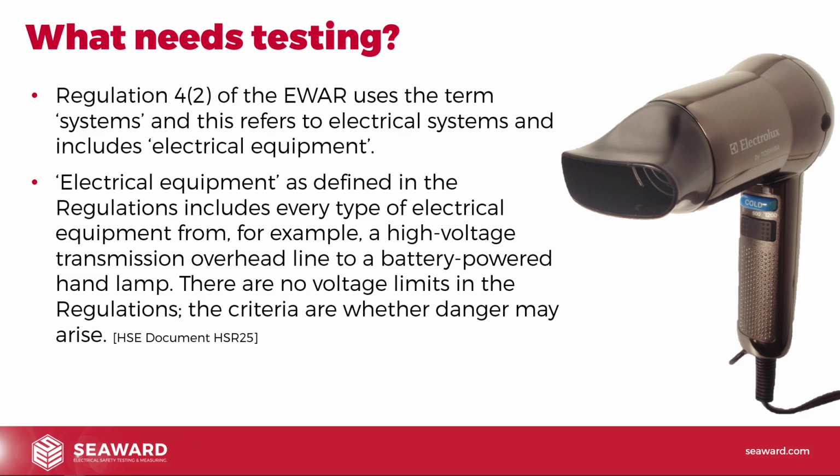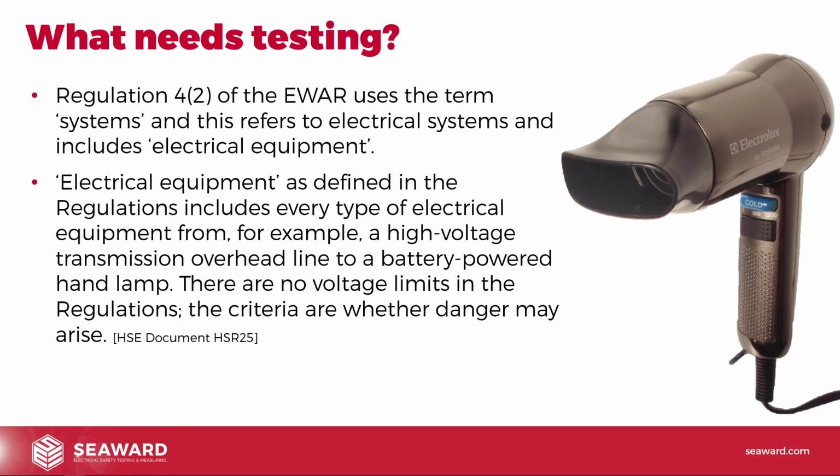There are no voltage limits in the regulations. The criteria are whether danger may arise. That's a really important point when you're carrying out risk assessment, that you make sure everything's considered. We talked about the myths with PAT testing, that we only do portable equipment, we only do stuff with a plug on, and all those sort of things. But that's not true, and it's important that the person carrying out the risk assessment understands what equipment needs risk assessing, so that it can be worked into the system and the procedure.